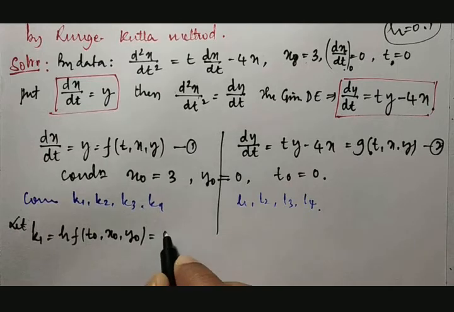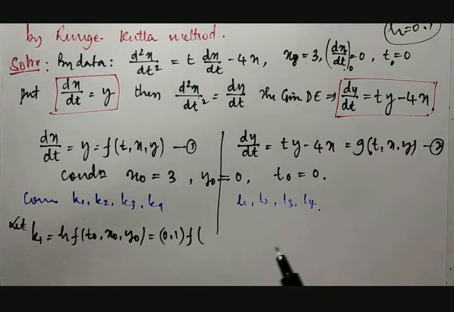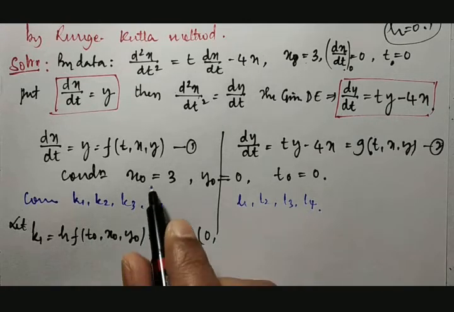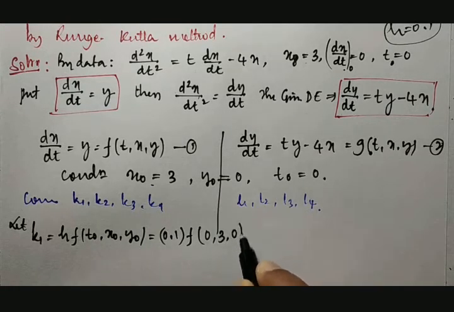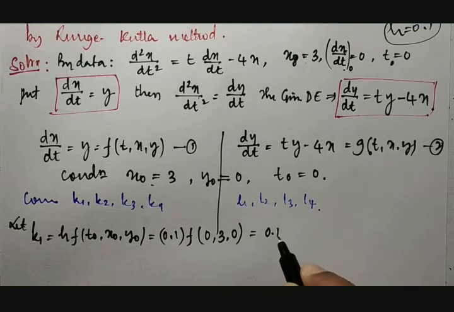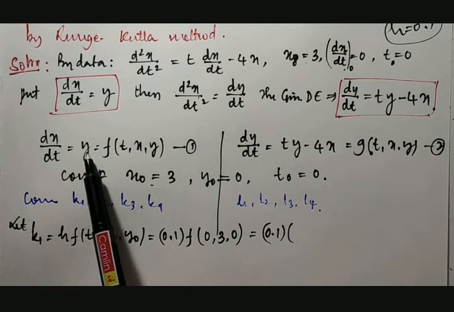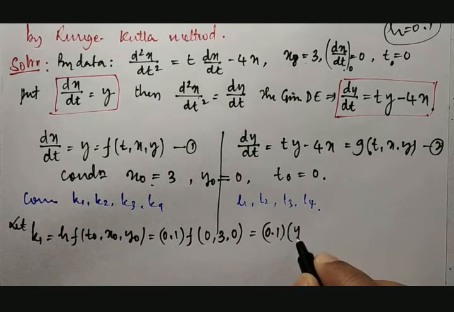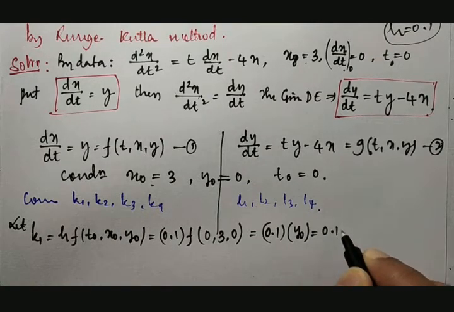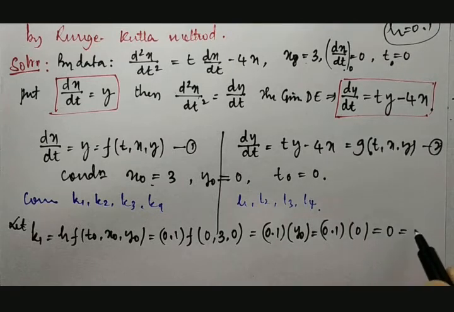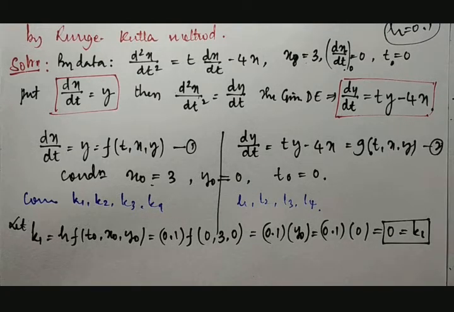Therefore this is 0.1 into the function of t0 which is 0, x0 which is 3 and y0 which is 0. The f function is only y, so it is y0. Therefore 0.1 into y0. What is y0? 0. Therefore K1 is equal to 0. So we got the value of K1 as 0.